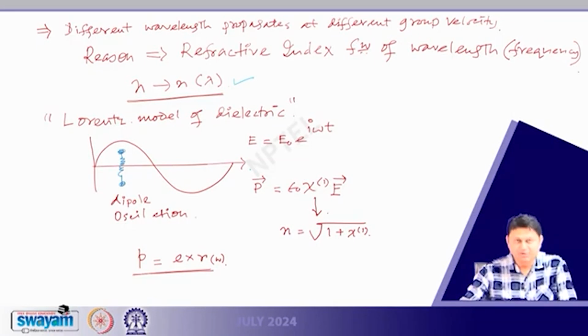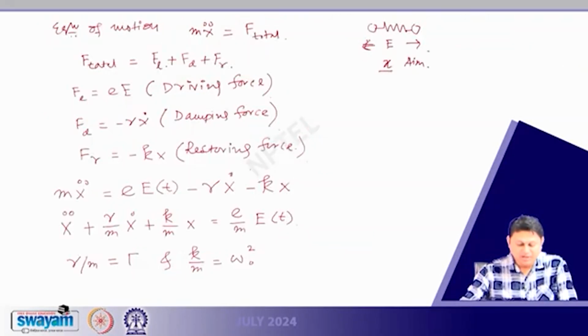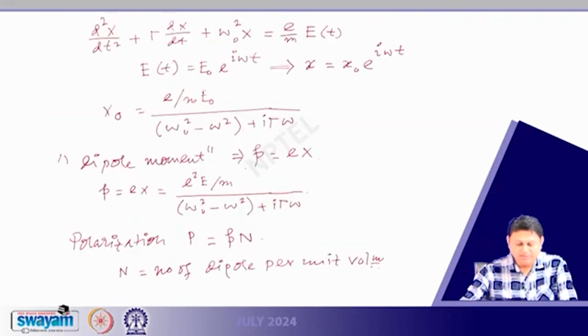We found rigorously today, using the Lorentz model, how one can figure out that the refractive index becomes a function of lambda.